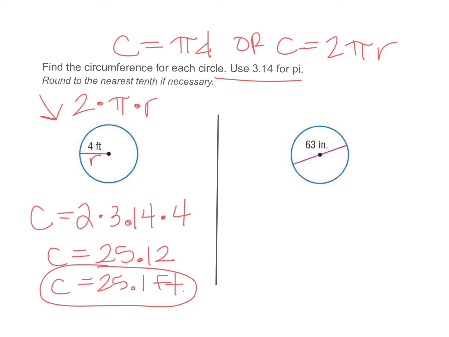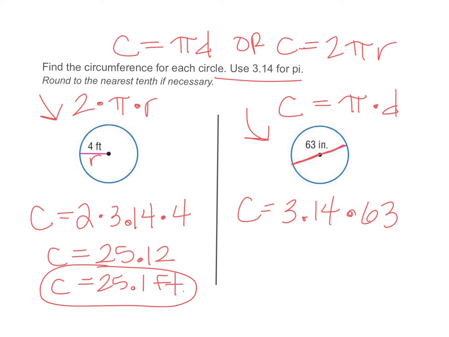Here we're given the diameter because this is all the way through the circle, so I'm going to do C equals pi times diameter. So we're going to do 3.14 times 63. If I do that in my calculator, you could be doing this with me.